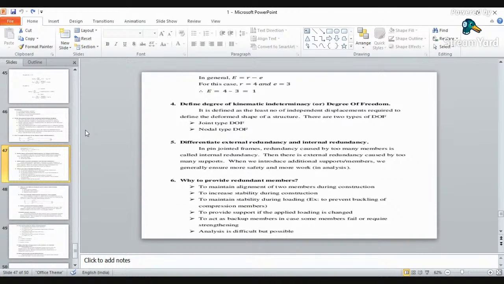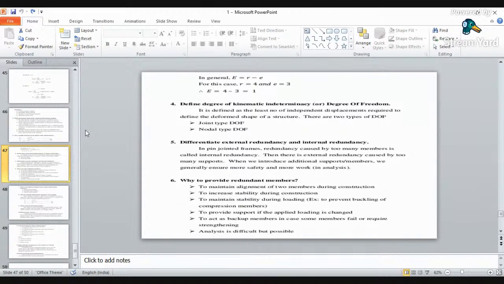So what is kinematic indeterminacy? It is defined as the least number of independent displacements required to define the deformed shape of the structure. There are again two types of degrees of freedom, the joint type and the nodal type. Then we have seen external redundancy and internal redundancy.